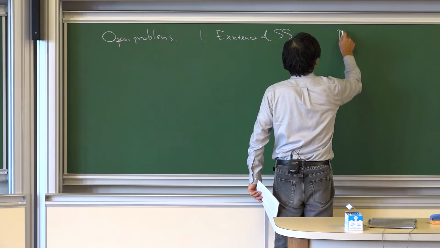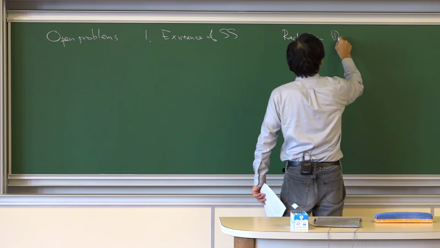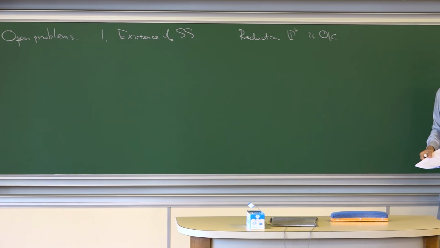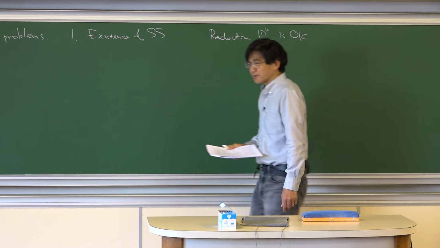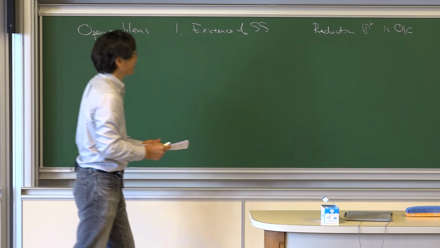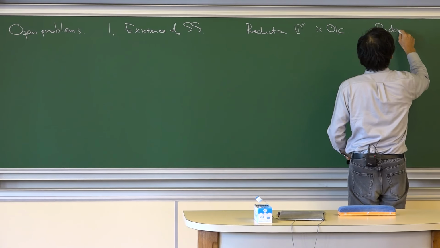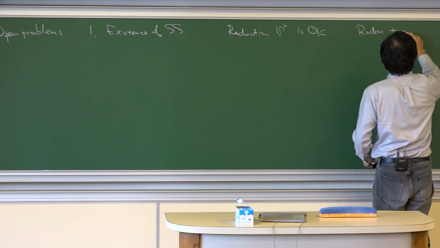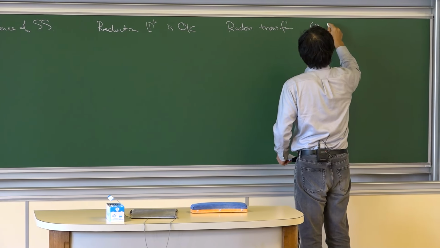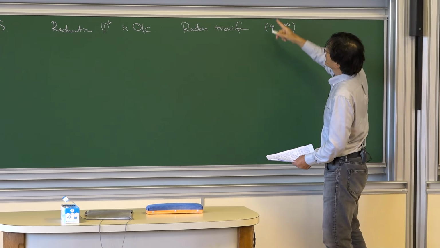Okay, so some of this can go through, but not. Yeah, reduction to Pn is okay. But for Pn you want to work with Radon transform, so with Radon transform we play with Q and Q check, but here we have only one Mossum.